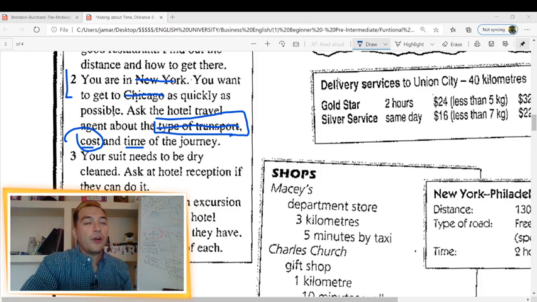Good. Okay. Now we have the cost and the type of transport. What else do we need? The time. Excellent.